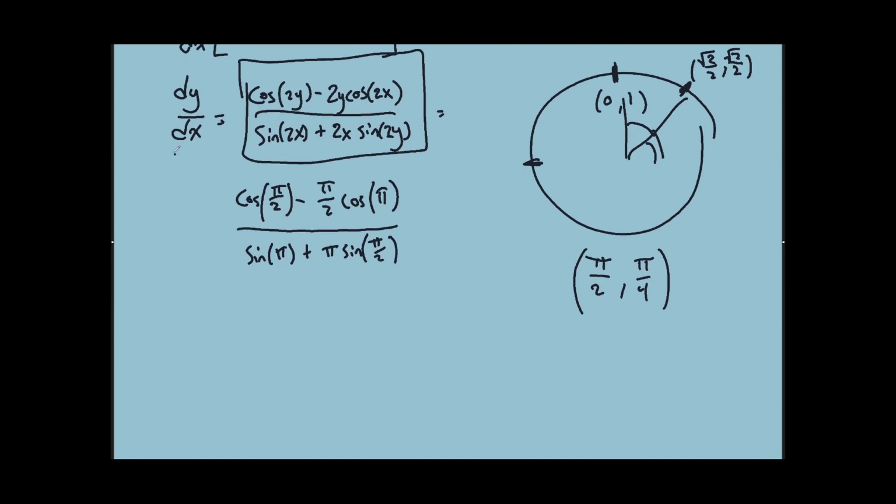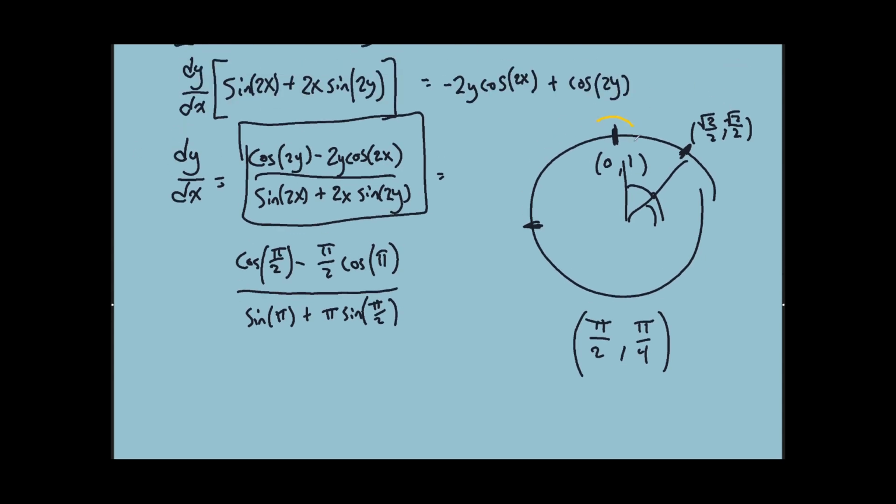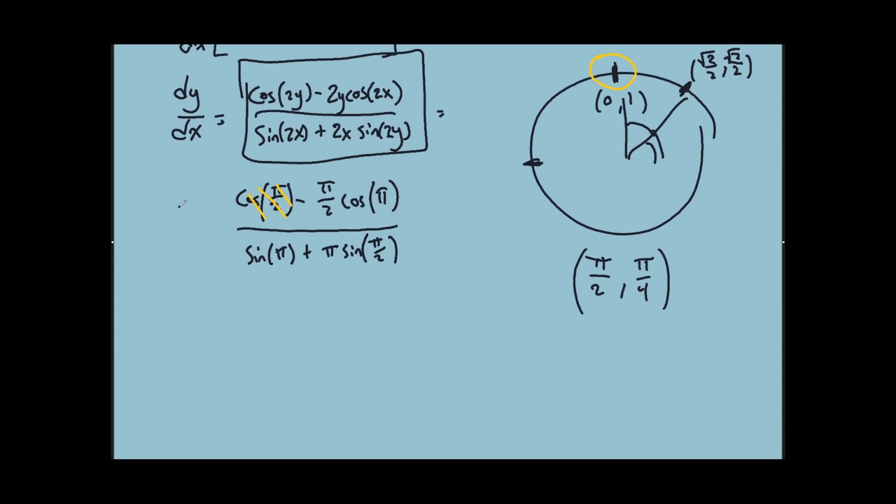Okay, so where's pi over 2? Pi over 2 is here. So cosine of pi over 2 is 0. So this is 0. 0 minus, what's cosine of pi? That's over here. Cosine of pi. This is coordinate point. That's negative 1, 0. So cosine of pi is negative 1. So that's pi over 2 times negative 1 divided by sine of pi.